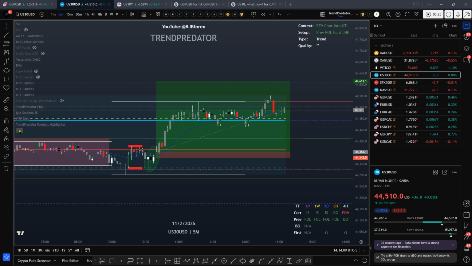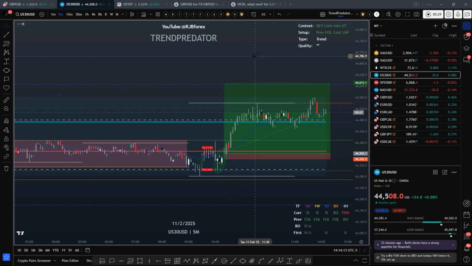The purpose of the Fakeout highlighter is to recognize where traders are trapped either long or short. And if traders are trapped short, and we've got a TrendPredator Pro setup signaled for long, then that's your cue for an entry.